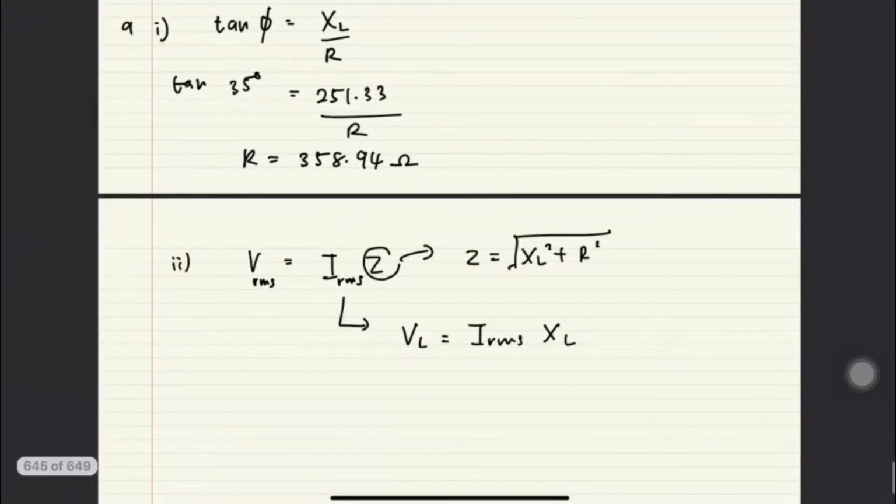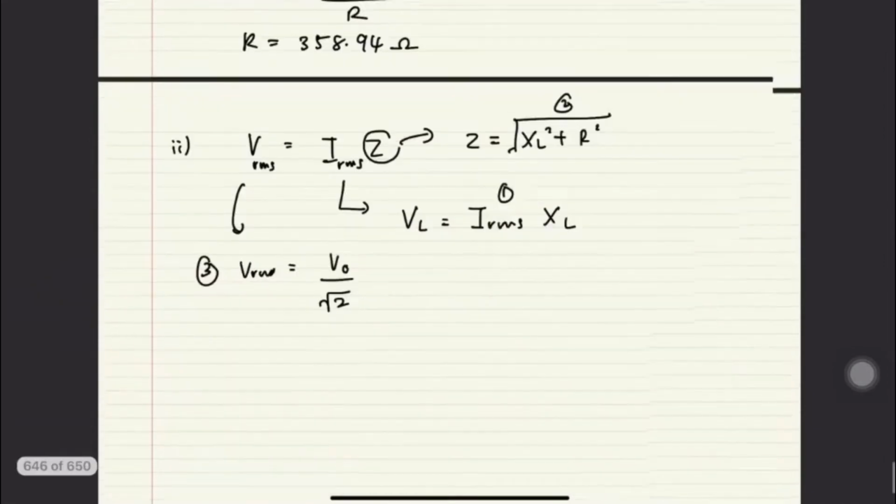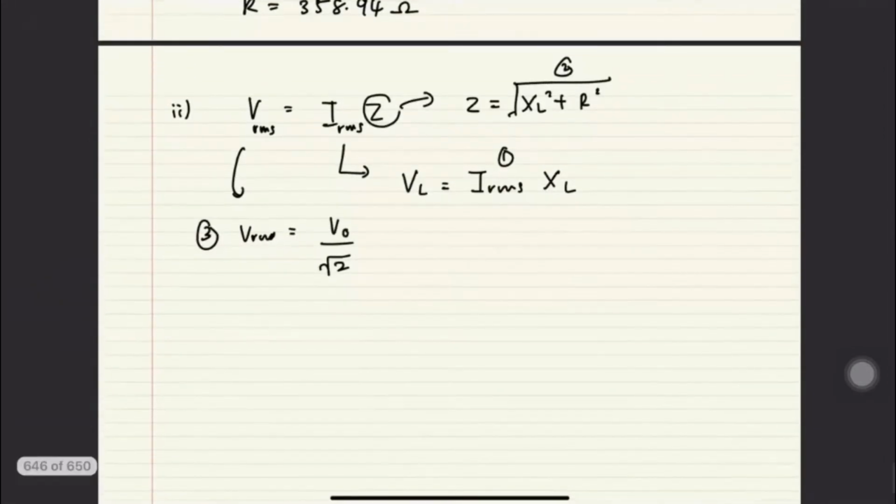So I can find the IRMS, then put it back and I get VRMS. From VRMS, since they want V peak, VRMS equals V0 over square root of 2. So this is the third step. It is long, I'm not sure whether there is another method, but this is what I thought of.